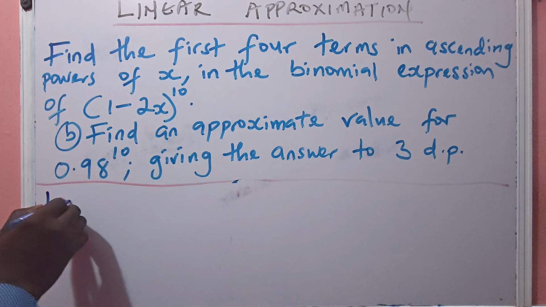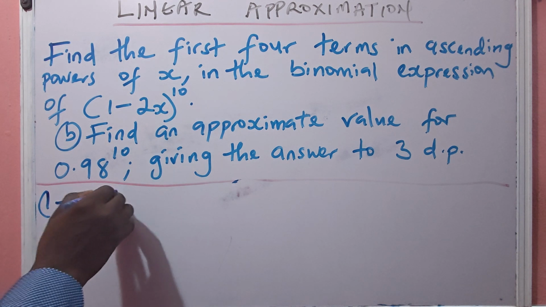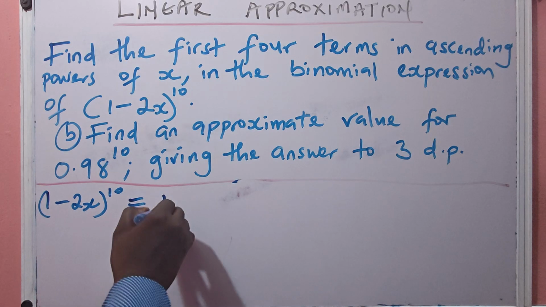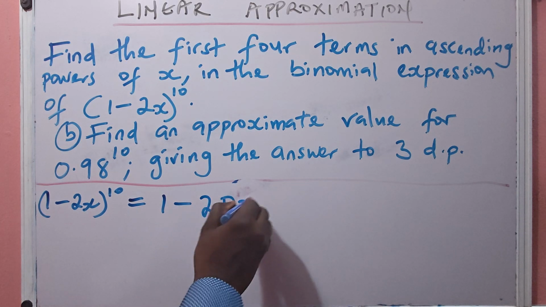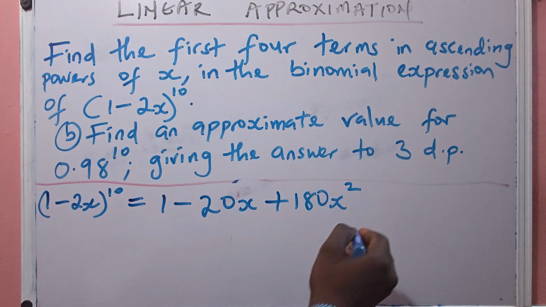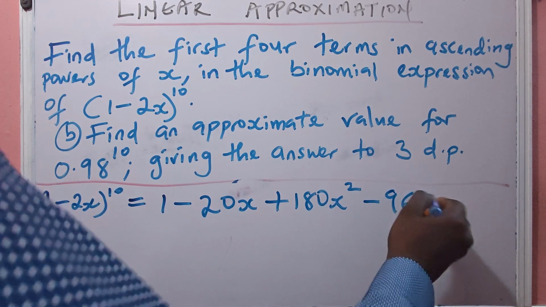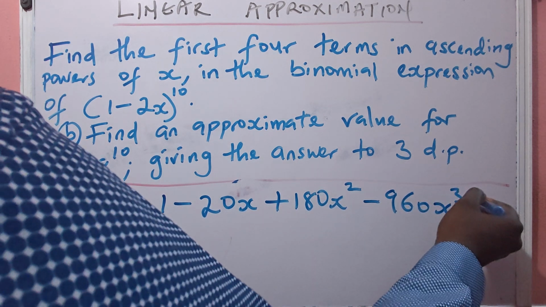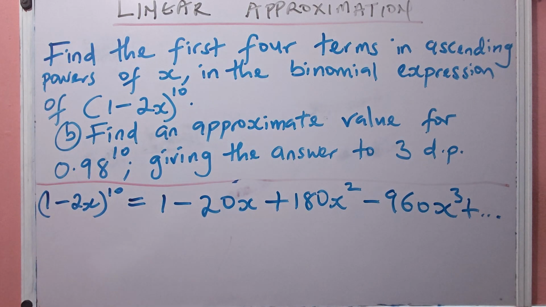But (1 minus 2x) raised to the power 10, if you go on with expanding this, you would arrive at the very first 4 terms to give you 1 minus 20x plus 180x squared minus 960x cubed. Of course, this doesn't end here. It keeps on, it continues. But we're told to find the very first four terms.